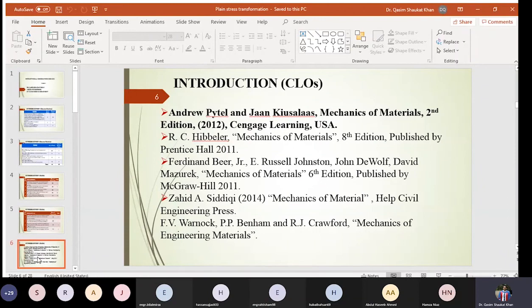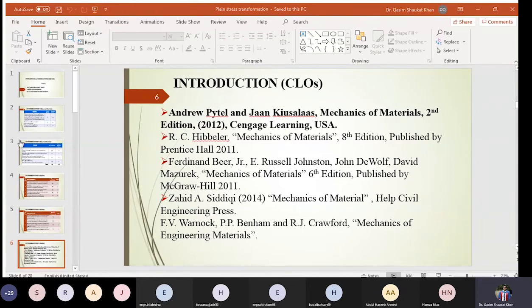Now the books. So for my course, plane stress transformation and plane strain transformation, it is R.C. Hibbeler, Mechanics of Materials, 8th edition. I have this book in soft copy as well.